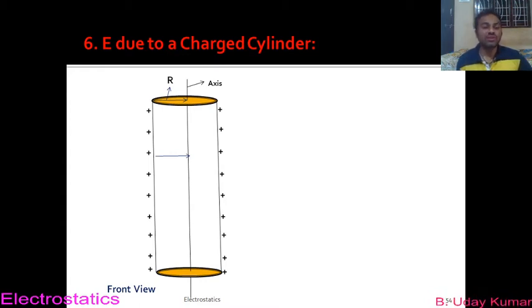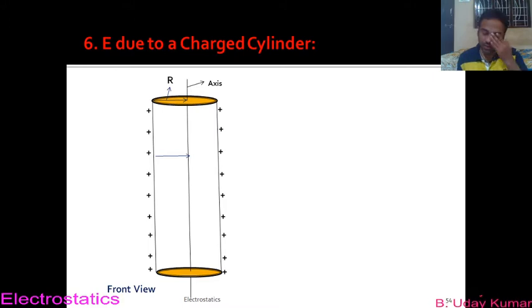Now, what is the difference between a charged cylindrical conductor and a charged cylinder? A charged cylinder is in the form of a cylinder in which the charge is uniformly distributed throughout its volume.